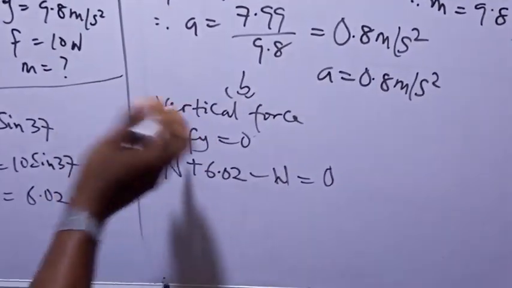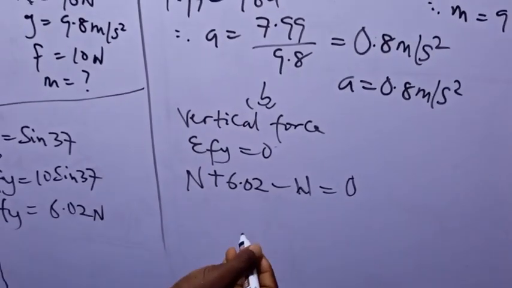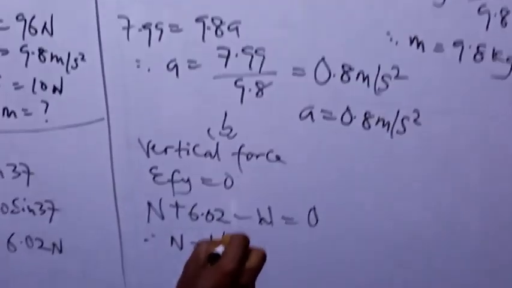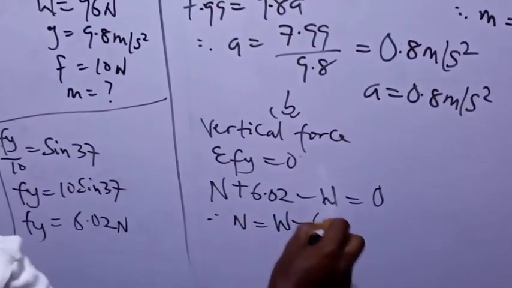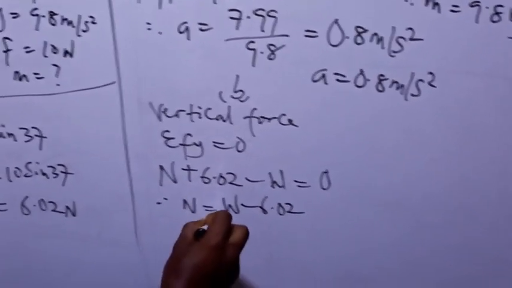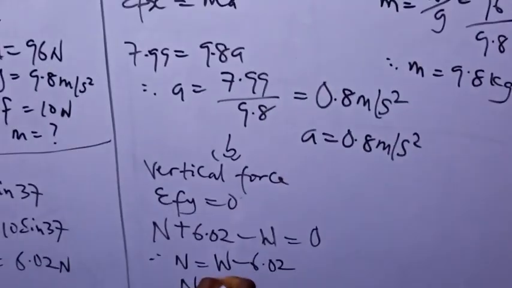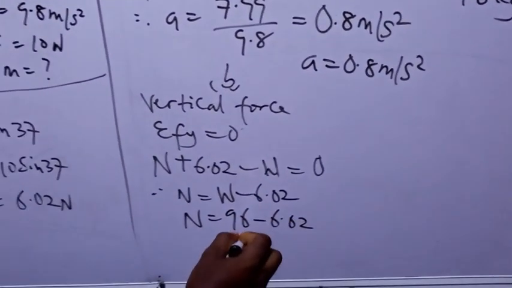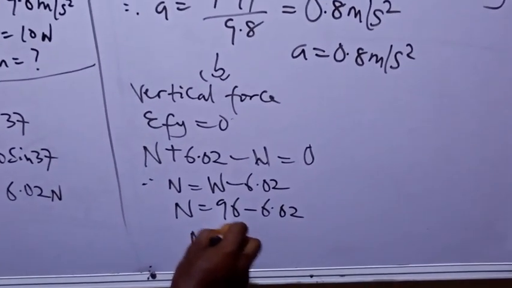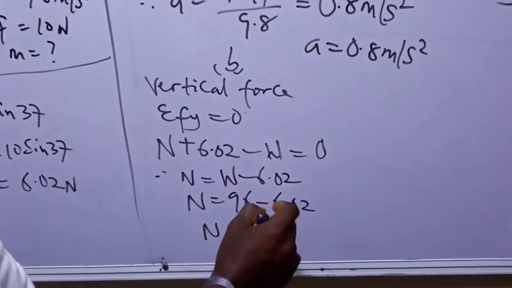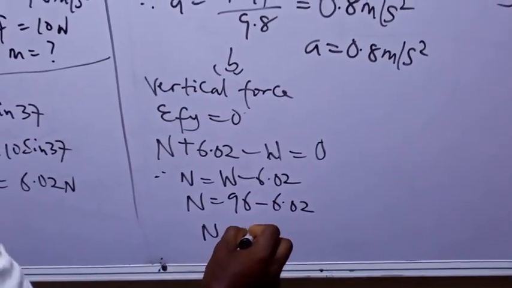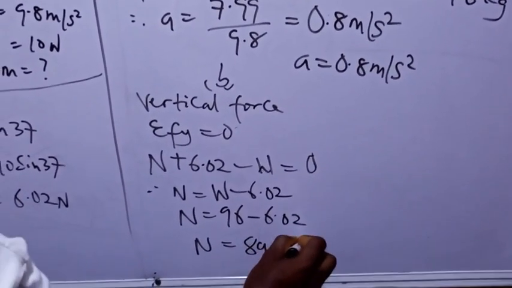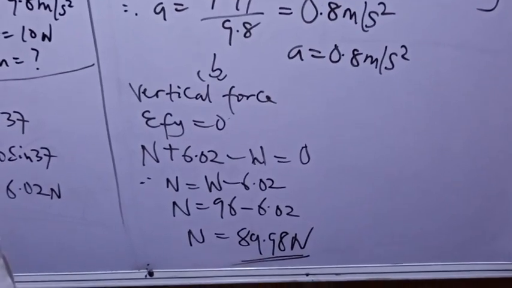Therefore, the normal force will be equal to the weight minus 6.02. Remember, the weight is 96, so 96 minus 6.02 will be 89.98 Newton.